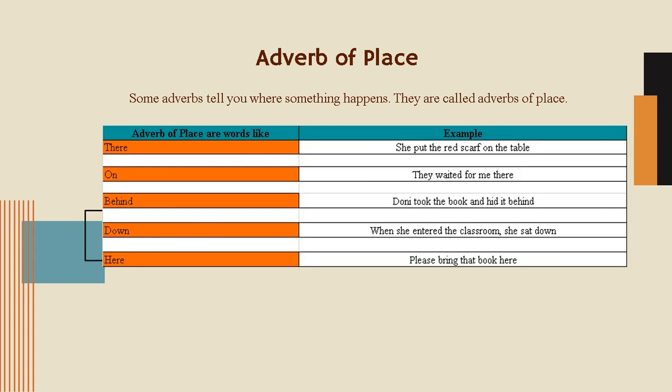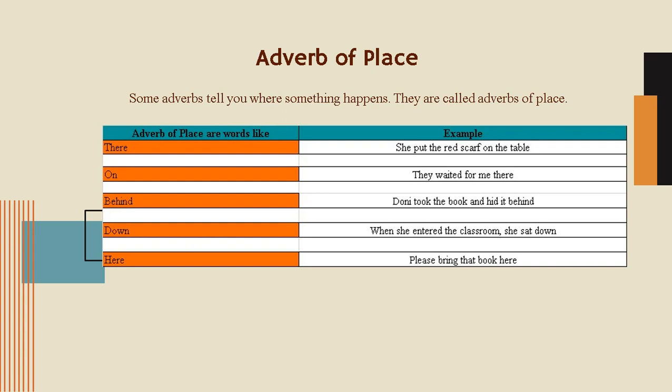Second, adverb of place. Some adverbs tell you where something happened. They are called adverbs of place. Adverbs of place are words like there, on, behind, down, here, and others. There, for example, she put the red scarf on the table.